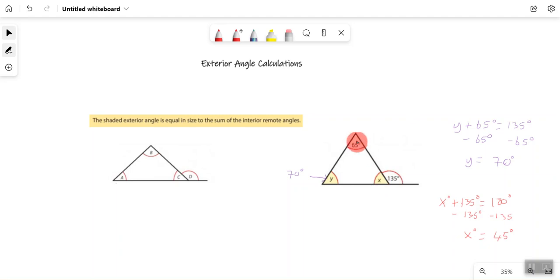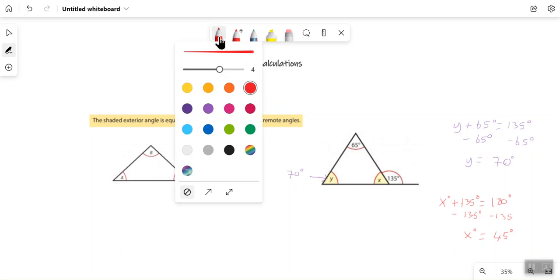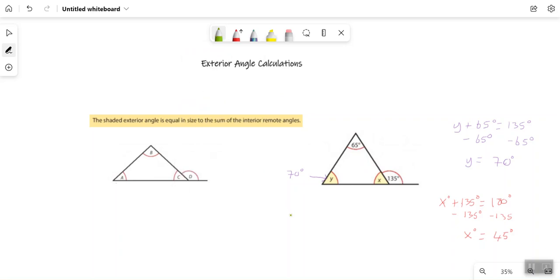The other way is that the three angles on the inside all have to add up to 180 degrees as well. So we can calculate it that way too. Let's do that calculation very quickly. We can say that 65 plus 70 degrees, which is what we just worked out, plus x, all have to add up to 180.